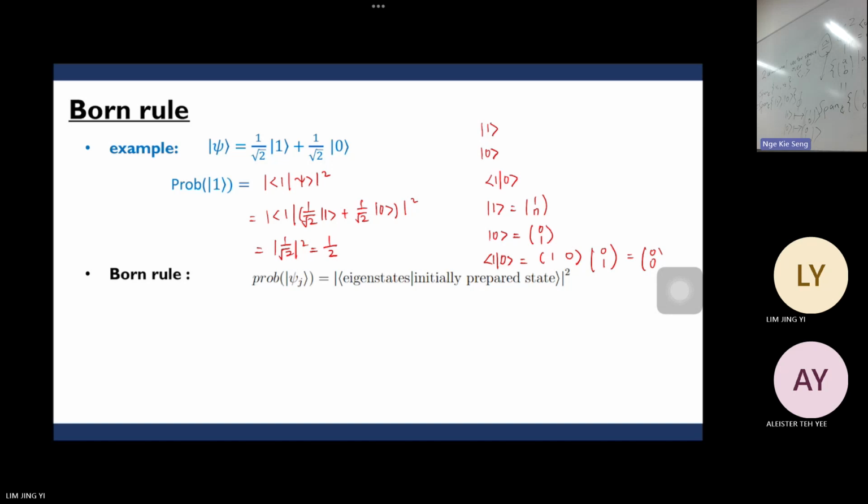What's this inner product? What's the definition? First of all, I will take the conjugate transpose of this one. Oh, conjugate transpose, right. So you need the conjugate transpose.